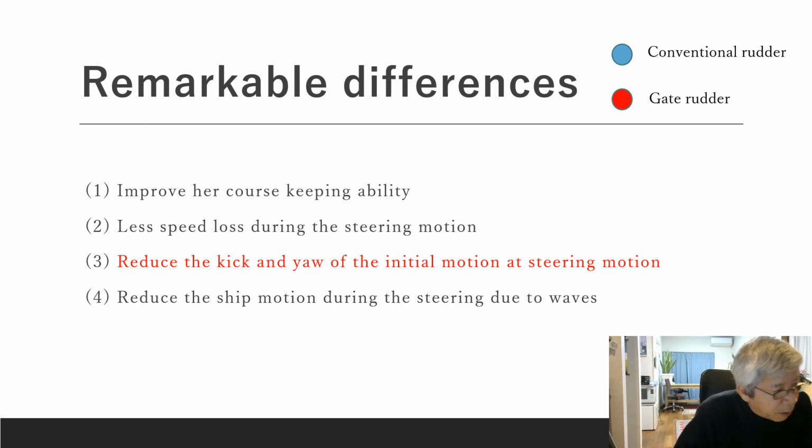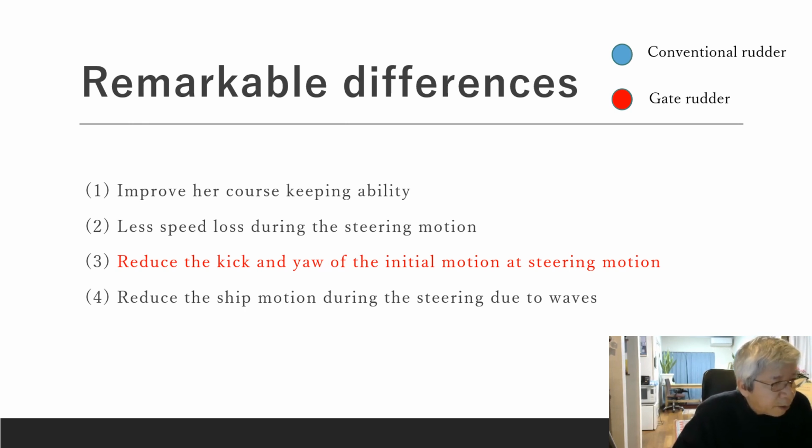Second, this is very important from an energy saving point of view. When we take helm steering, there is very little speed loss compared to the conventional rudder case. This can contribute to power savings. Also, from a safety point of view, it is a good point.